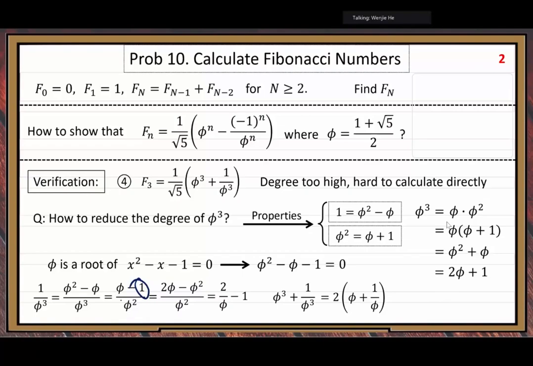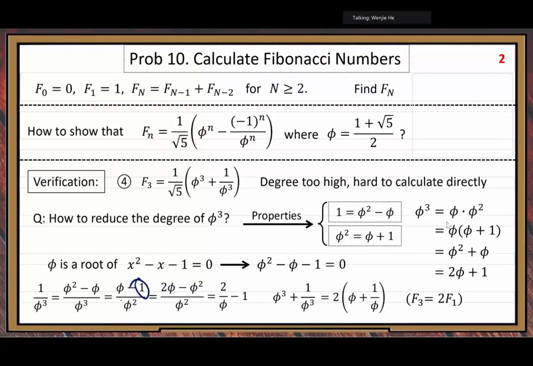So here, the left-hand side corresponds to F3 and the right-hand side corresponds to F1. Because if we multiply both sides by 1 over root 5, we get F3 equals 2 F1, right? That can be verified easily.